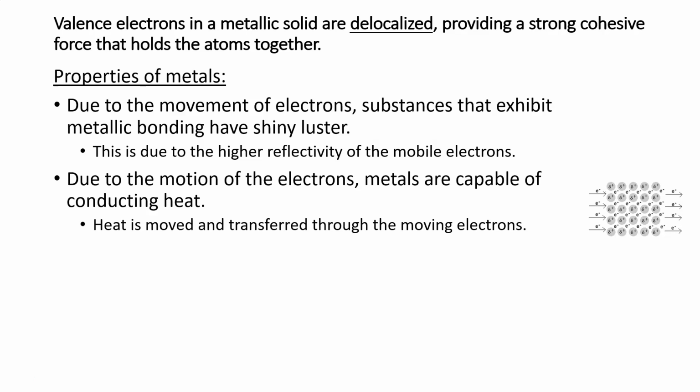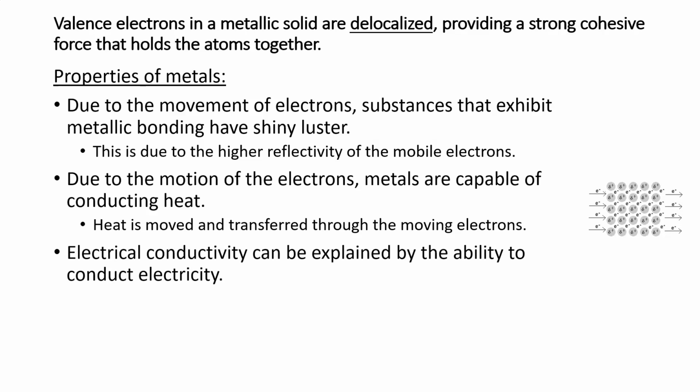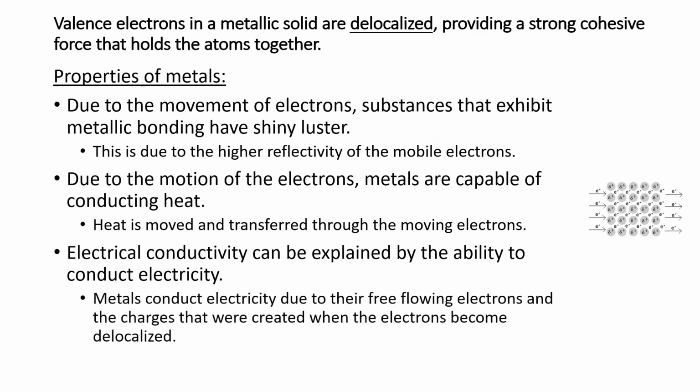This is because heat is transferred through the moving electrons. Because those electrons are moving, they can conduct the heat from one side of the metal to another. Electrical conductivity can be explained by the ability to conduct electricity too. Metals conduct electricity due to their free-flowing electrons and the charges that were created when the electrons became delocalized.